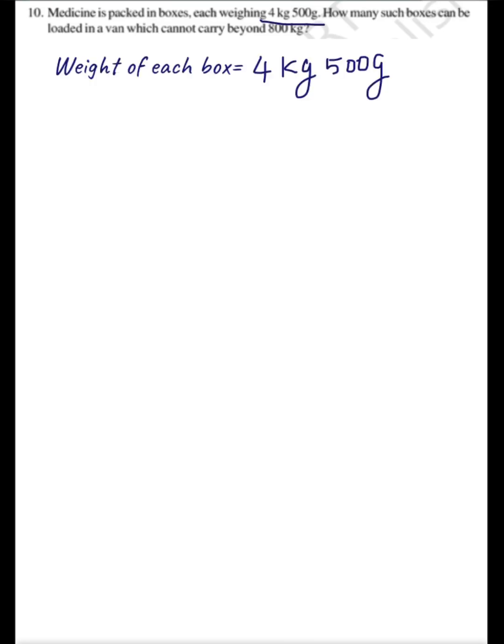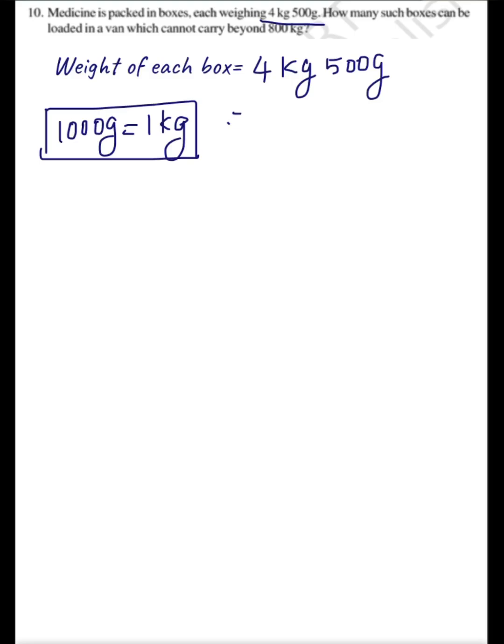Let's convert this 4 kg 500 grams to grams. Why? For easy calculations, let's convert it into grams. So you know that 1000 gram is equal to 1 kilogram. This is the fact that you should know. 1000 gram equal to 1 kilogram. So that we can convert this 4 kilogram into grams.